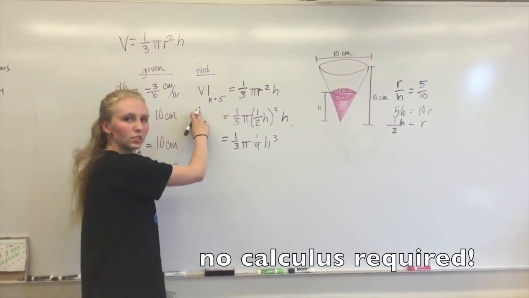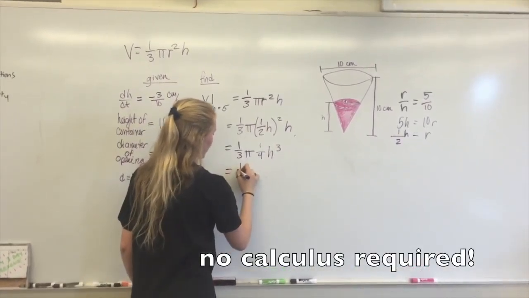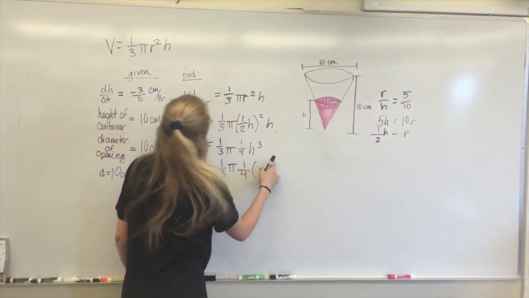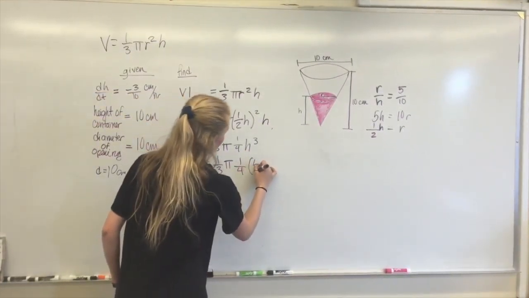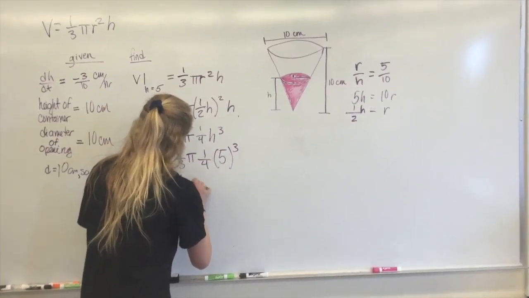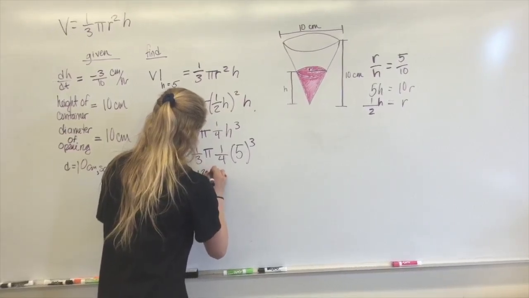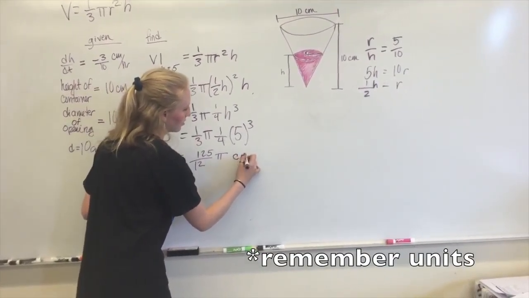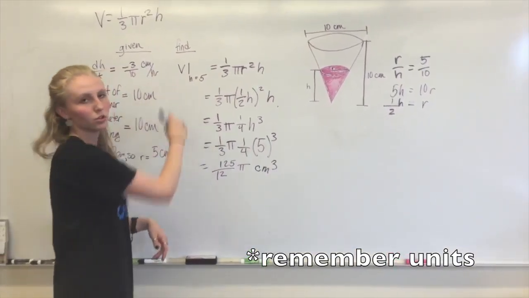Because it only asks you for the volume, you don't have to derive, so you just plug in 1/3 pi 1/4 times 5 cubed, and then you can simplify that. You get 125/12 pi, and then you can't forget your units, centimeters cubed, because it's the volume.